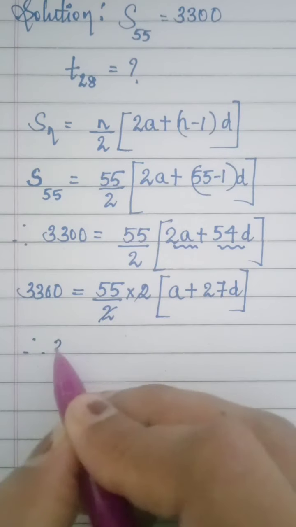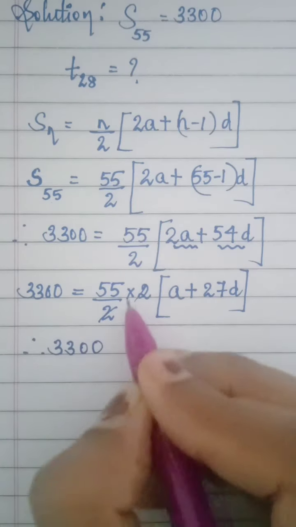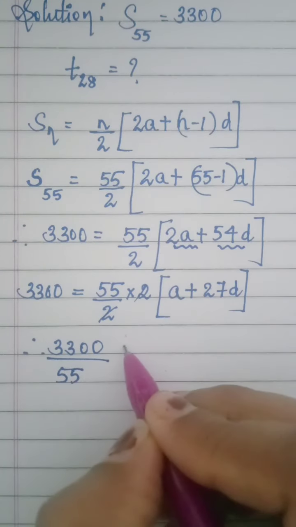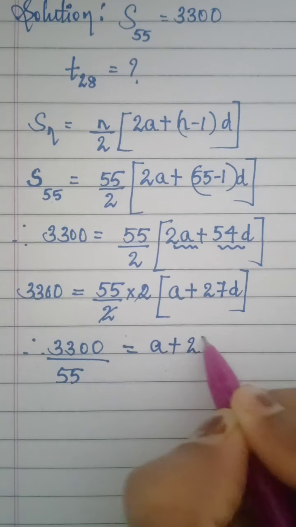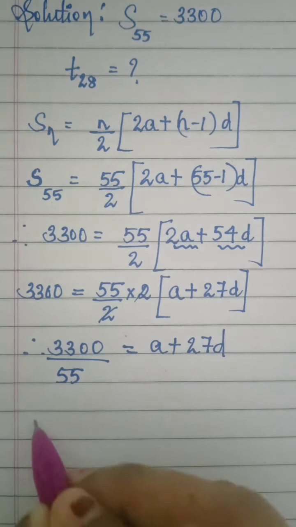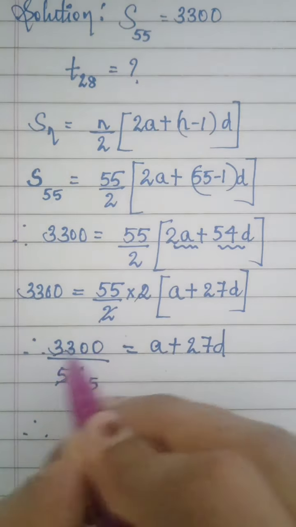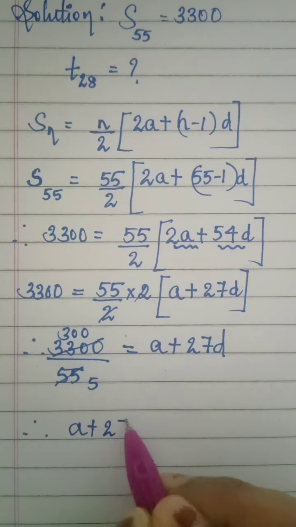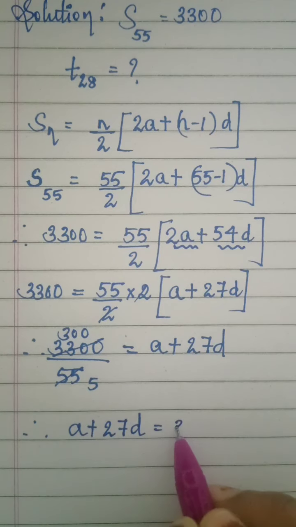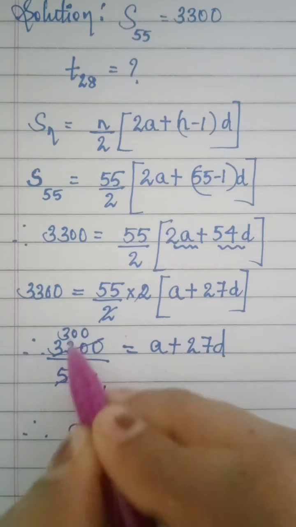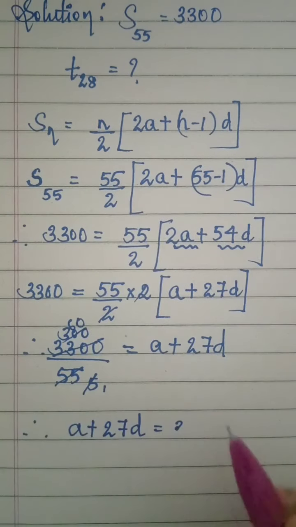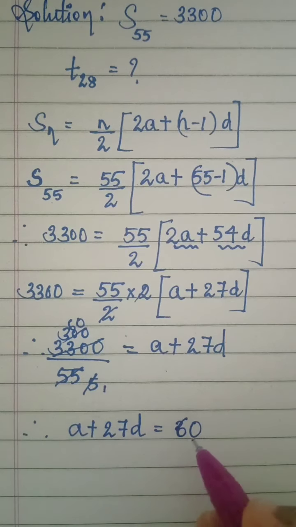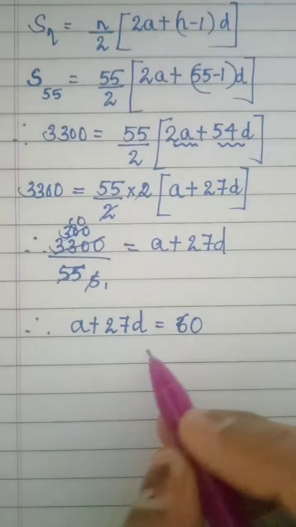So therefore 3300, here it is multiplication, comes to the other side, division, is equal to a plus 27d. Let me work out. 11 5s are 55, 11 3s are 33 and 00. So a plus 27d, I am getting it as, now again you can cancel off, 5 1s are, 5 6s are and 0. So this you are getting it as 60. What is 60? A plus 27d is equal to 60. I'll keep it for the time being.